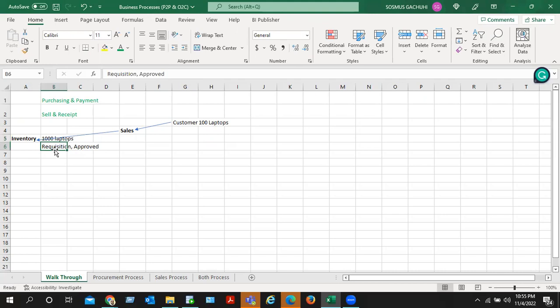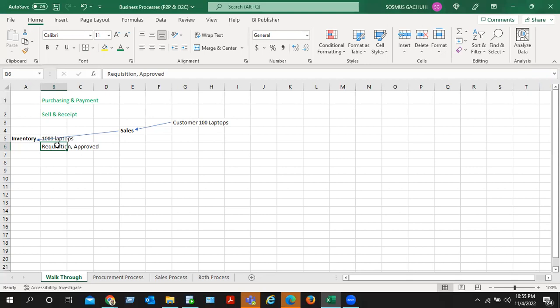If they have 1,000 laptops, of course they will confirm to the sales department and tell them, go ahead and do the sale, because we already have enough laptops. Even if they need more than 100 laptops, you can go ahead and sell.